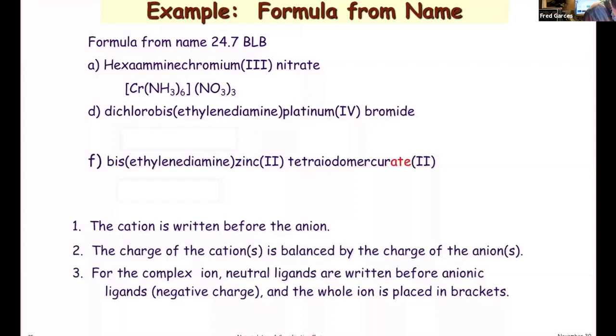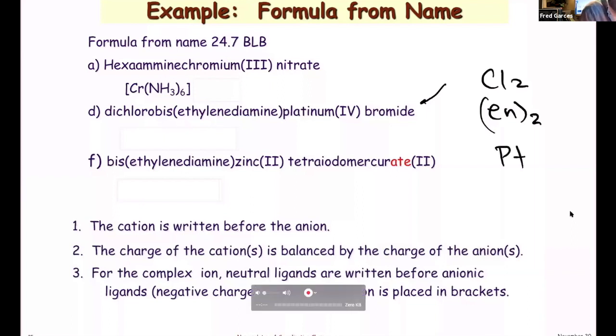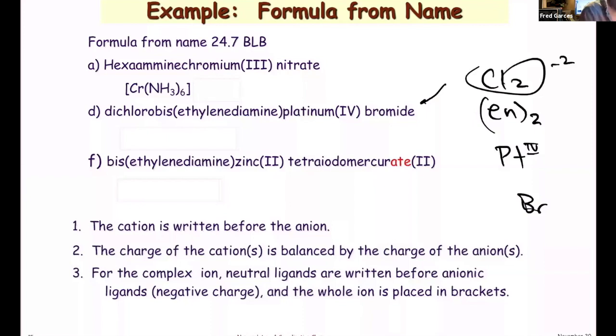Let's take a look at this next one. There are 2 chlorines, that's dichloro. There are 2 ethylenediamines; you abbreviate ethylenediamine as en. There's a platinum, and it's platinum 4, and then there's a bromide. How many bromides depends on what makes this whole thing neutral. The chlorines are -2 because there are 2 of them, the ethylenediamines are neutral, and the platinum is +4.